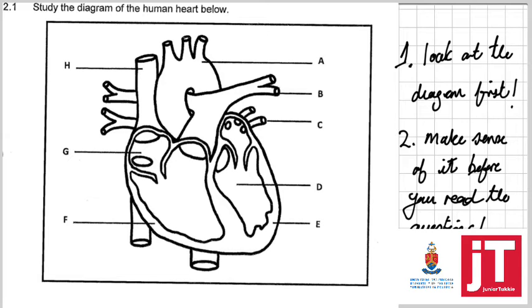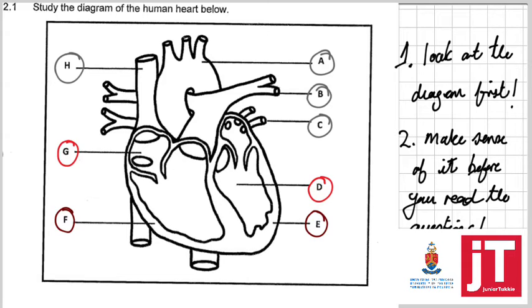So looking at this diagram over here, we can break it up into 3 different sections. Structures G and D are identifying chambers of the heart. And here we can see G an atria and D a ventricle. We can look at structures H, A, B, and C, and we have them identifying blood vessels.